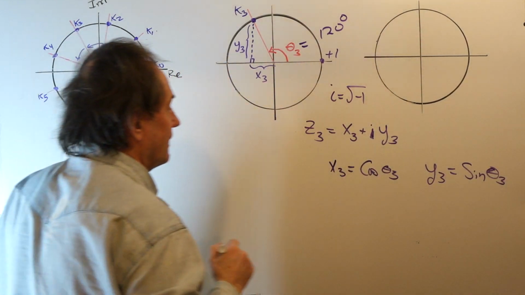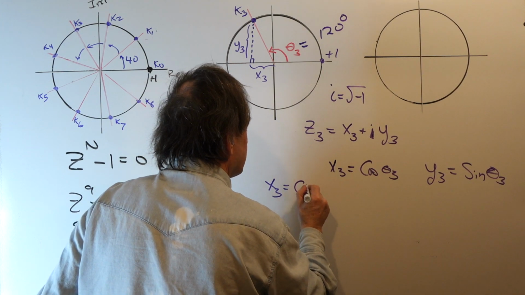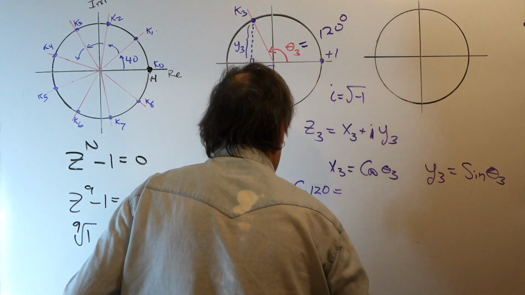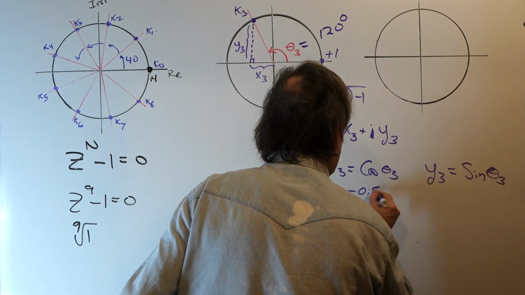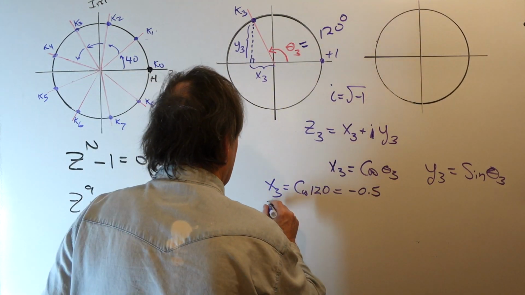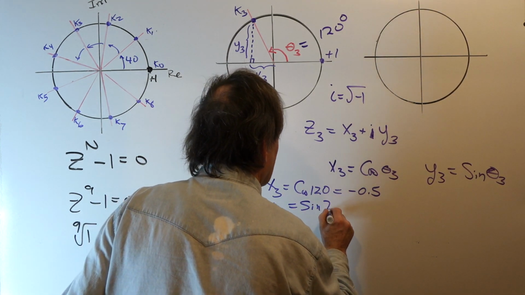Well, the angle is 120 degrees, so our x3 is the cosine of 120, which is minus 0.5, or minus 1/2, and our y3 is the sine of 120.